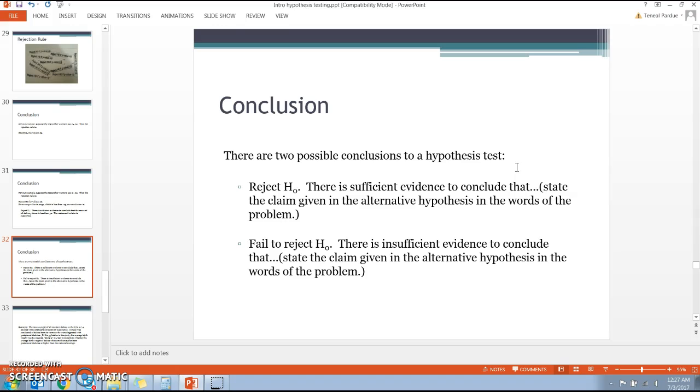The other one is we fail to reject H0 and say that there is not sufficient evidence to conclude, and fill in the blank with whatever the alternative hypothesis says. So we would fail to reject H0 if we get a large p-value compared to alpha. If we get a small p-value compared to alpha, we reject H0.